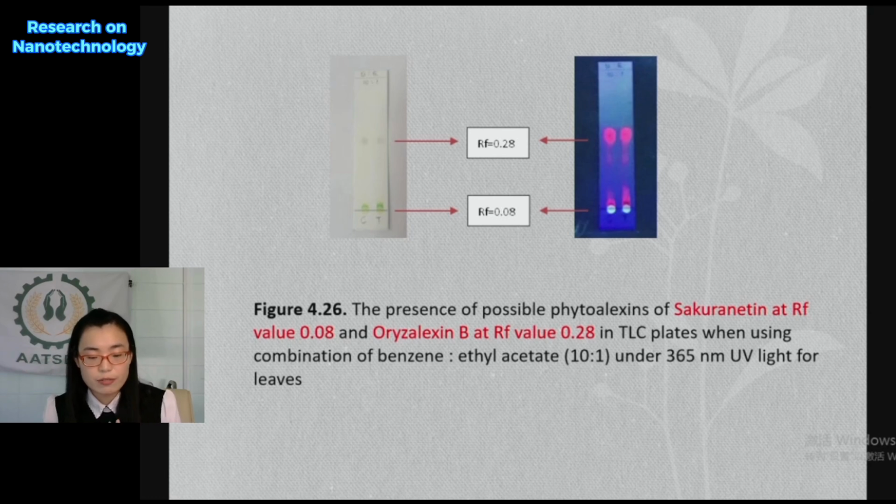As this figure shows, the presence of possible phytoalexins, sakuranetin at Rf value 0.08 and momilactone B at Rf value 0.28, was found in the nanoparticle solution treatment on the TLC plate. We also need to check by HPLC for the exact amounts, but this is the preliminary check. We can show that our nanoparticles induce phytoalexin production by rice.